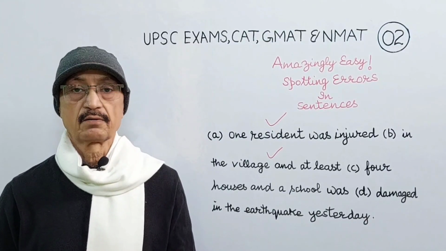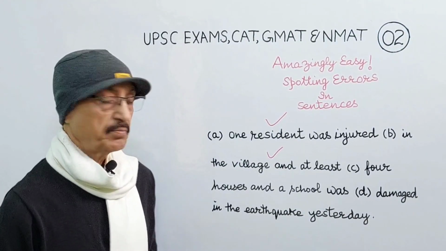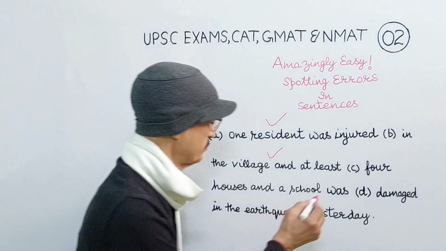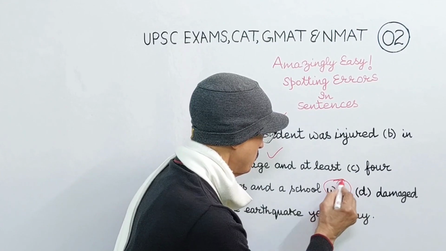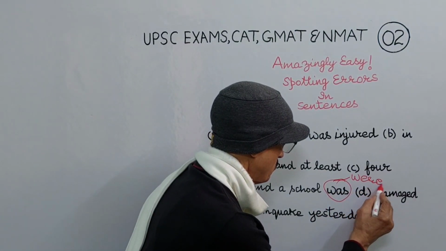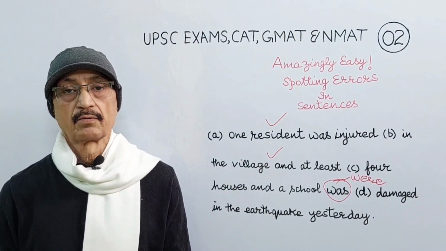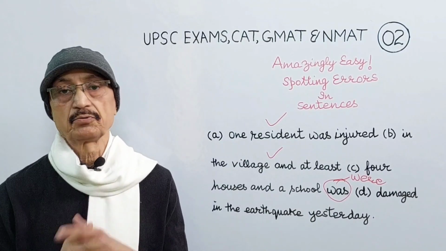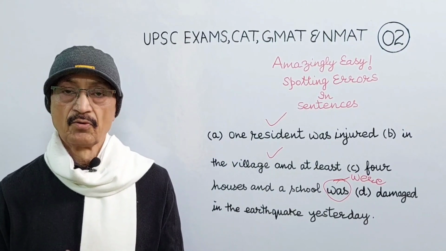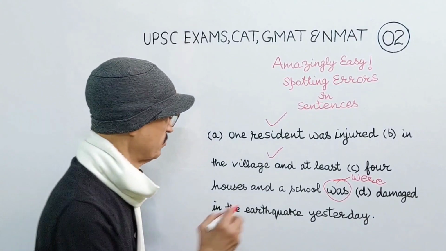Which error is it? In place of was, you will take were. Why will you take were? Let me tell you. Because the subject is plural: 4 houses and a school.